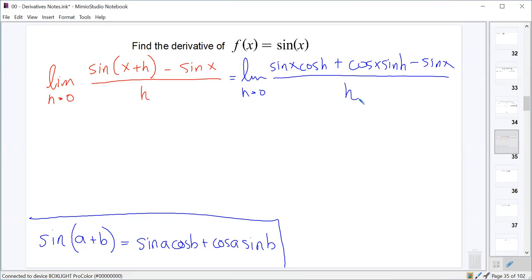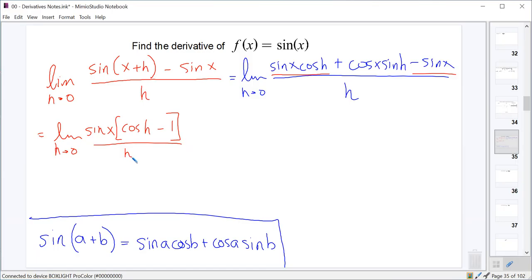With any luck, we'll immediately notice that this first term and this last term both have a sine x in them. So we're going to group those two terms together and factor the sine x out of it. This will give me a limit as h approaches 0 of sine of x times cosine h minus 1, and I'm going to put that all over h.